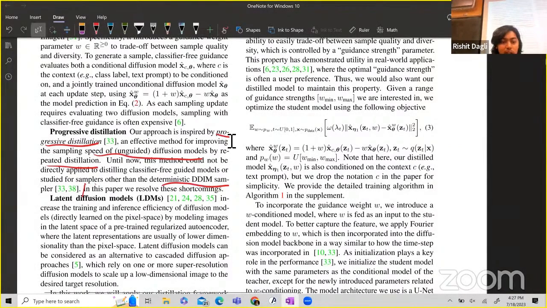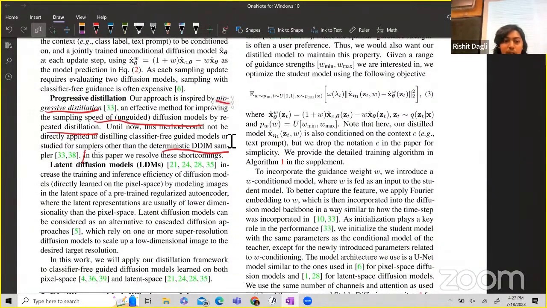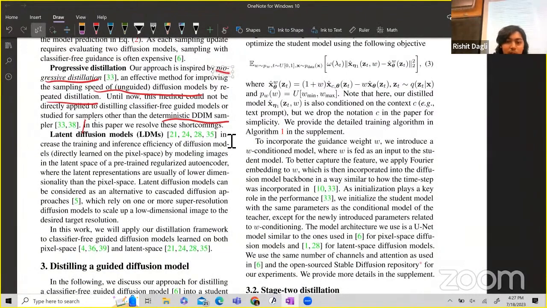They make a lot of assumptions which don't really allow them to move past the unguided way, even if it's classifier-free or just standard guided diffusion. Their assumptions limit them, so it would be interesting to see what they do over here. And then they have this background on latent diffusion models, which is also pretty straightforward because of stable diffusion and just how popular stable diffusion is.